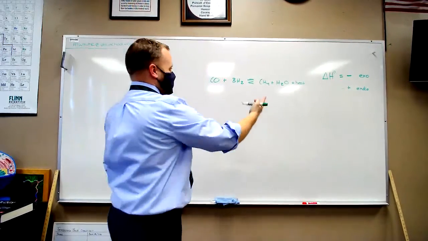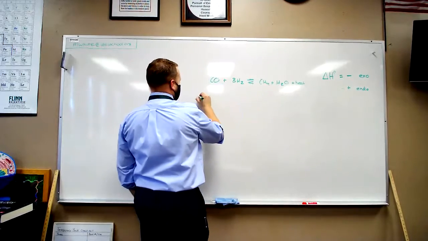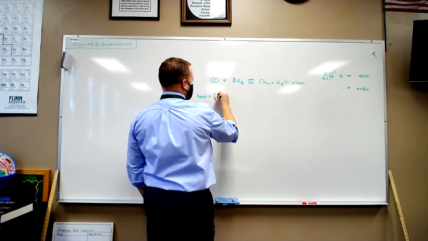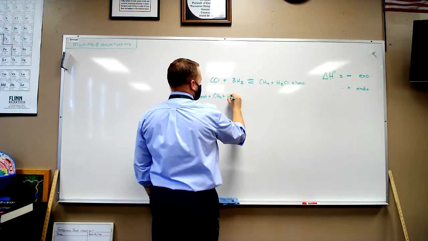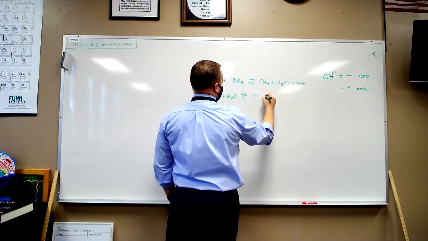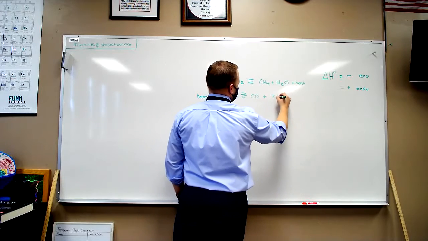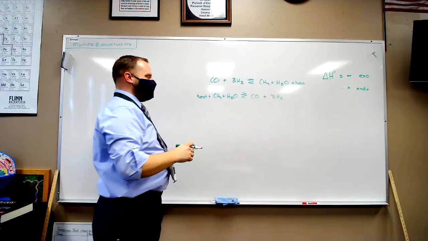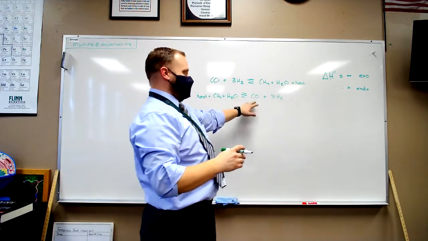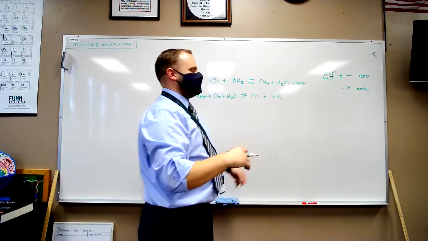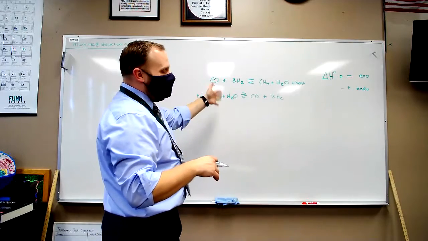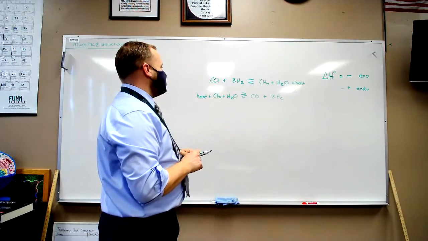And honestly, we can just write this the other way. So we would say heat plus methane plus water vapor create carbon monoxide and hydrogen gas. So if you had methane and water and you wanted to convert it into carbon monoxide and hydrogen, that would have a positive delta H naught.